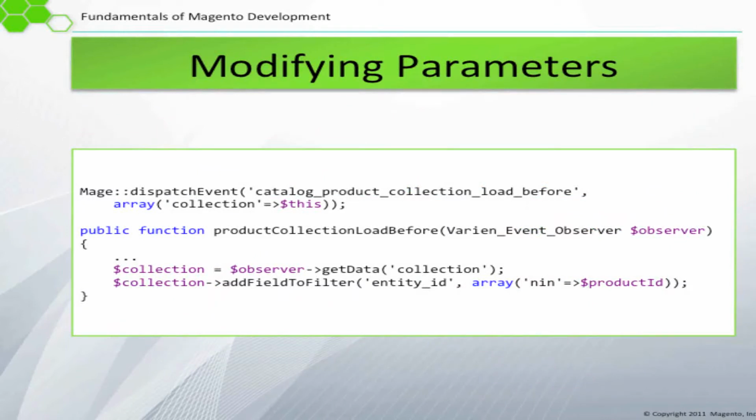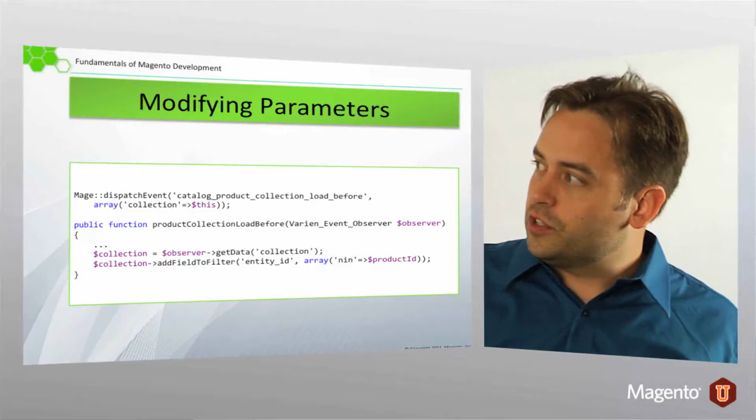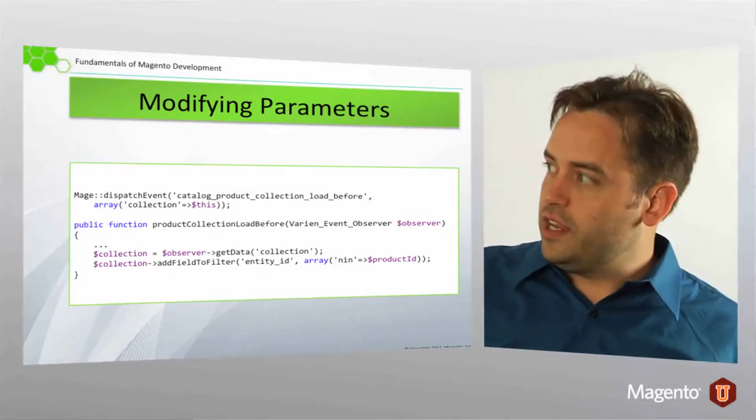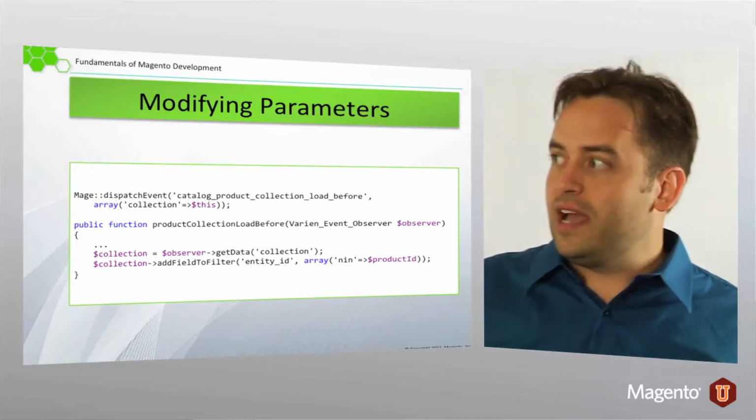All right, so what do we do inside an observer? Well, modifying parameters. In this case, catalog_product_collection_load_before. So this would be before a product collection is loaded. And you see here what the code looks like. This string is just specified, and we're passing it in.